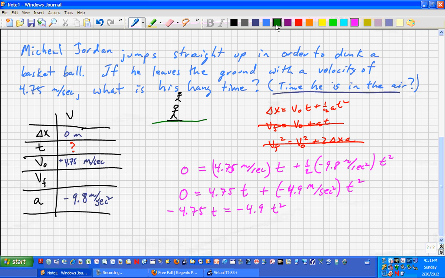All right, I'm going to divide both sides by t at this point. The t goes away over here, and the t squared cancels down to a single t. And I'm going to divide both sides by negative 4.9.